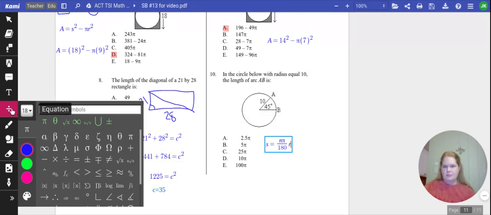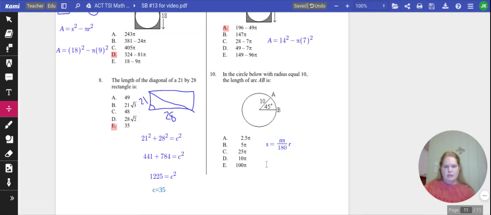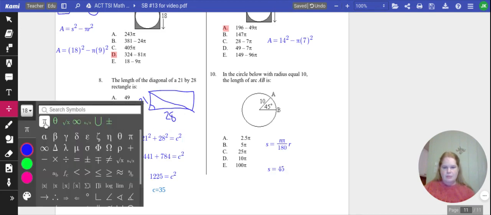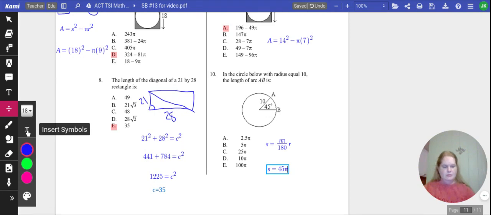So grab me an equation again. S is arc length. We don't know what that is. n is your central angle, remember, and that's 45 degrees. So I've got 45 times pi, divided by 180, times the radius of the circle, which is 10.